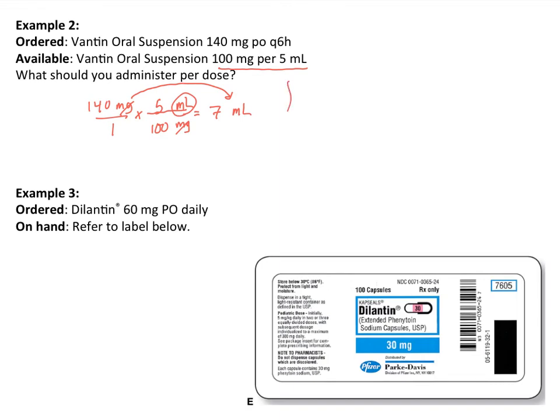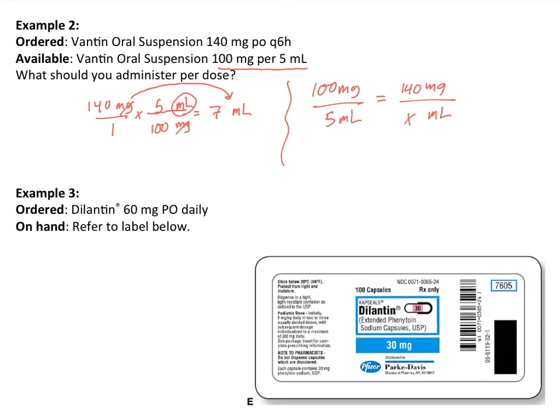With a proportion, you start with the dosage strength, something that you know. You need a ratio. And this is a ratio of the strength here, 100 milligrams to 5 milliliters, but I'm not administering 100 milligrams. Oops, that's my bad. That should be 140. We need to administer not 100 milligrams, but we need to give 140.